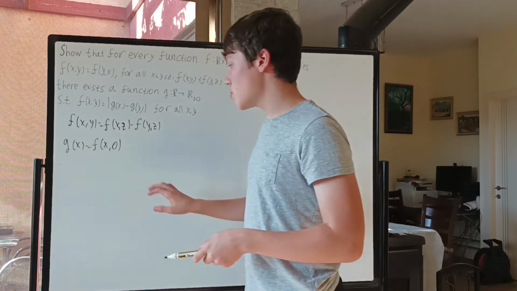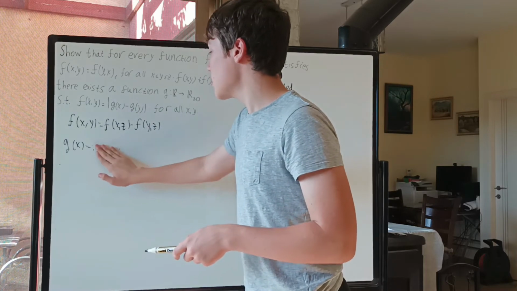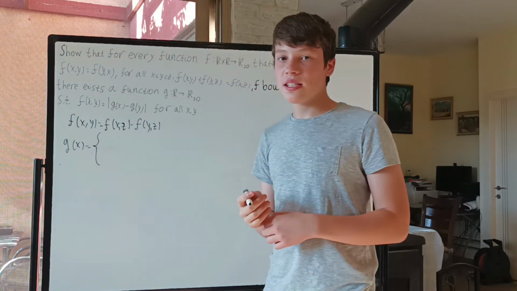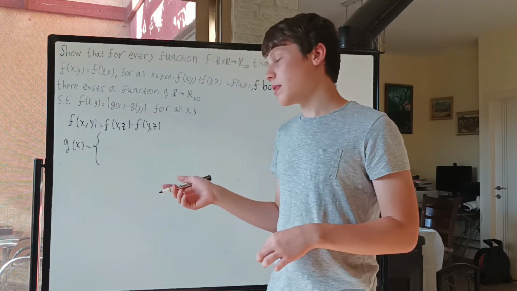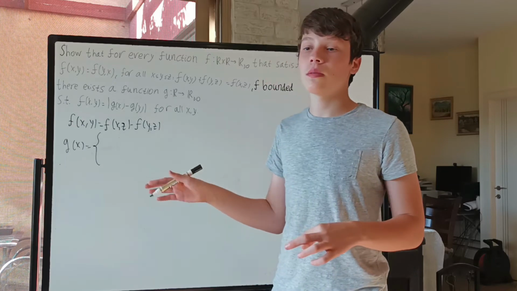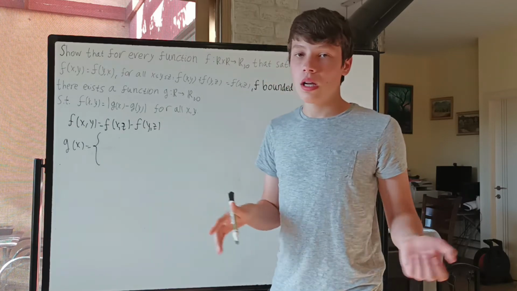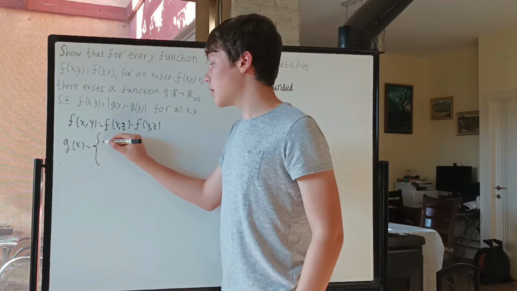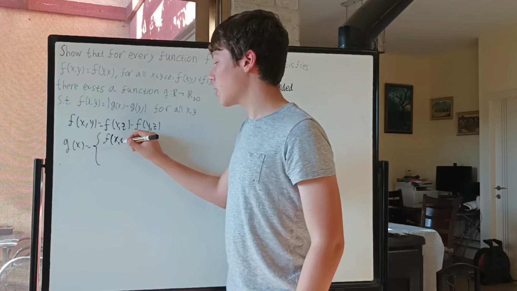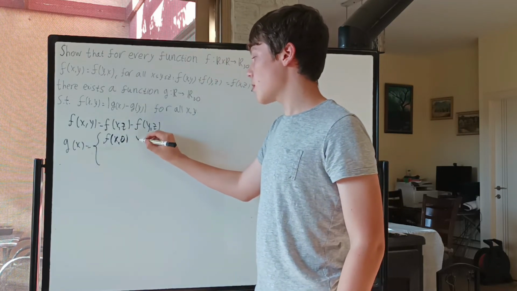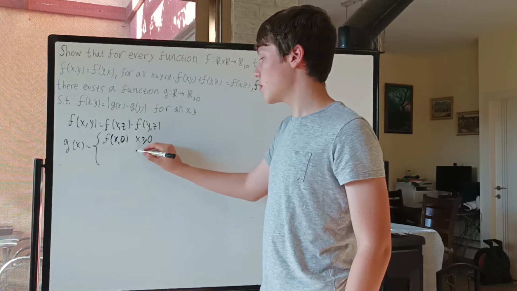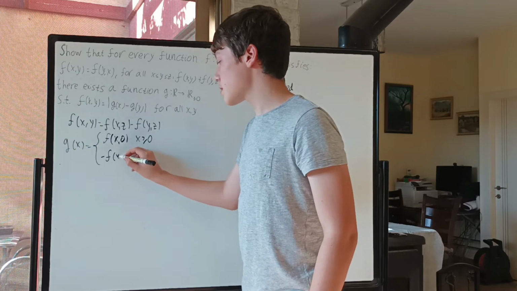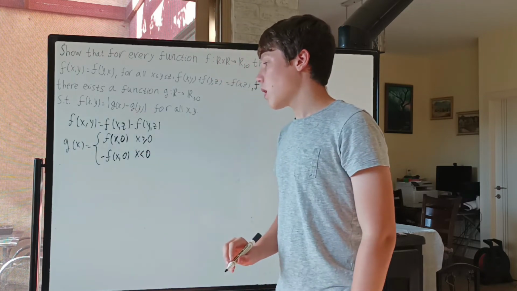So instead, what I'm going to do is take this sort of function, which comes after playing with this for different cases of x, y, z, but you can eventually come up with: f of x, 0 if x is bigger than or equal to 0, and if x is smaller than 0, we're going to do the negative of f of x, 0.